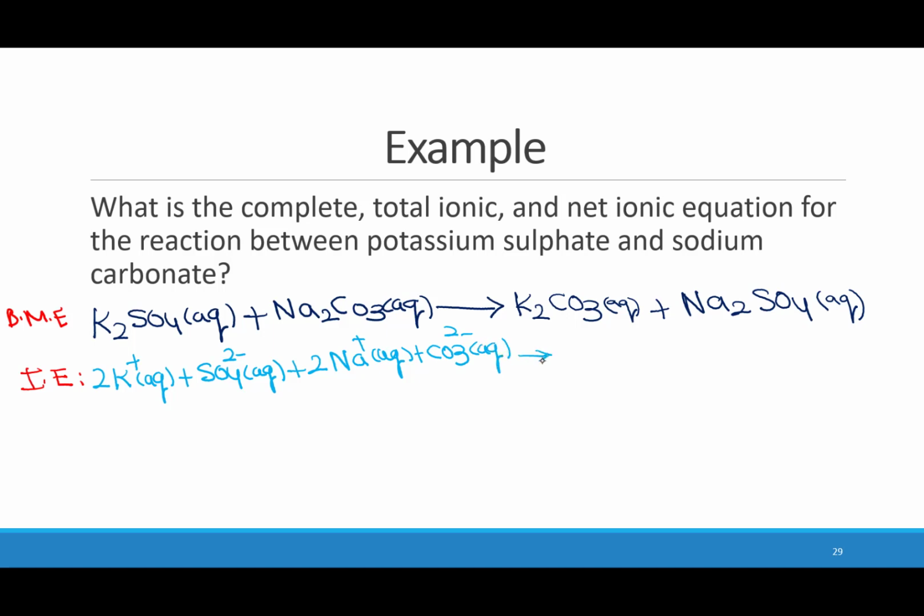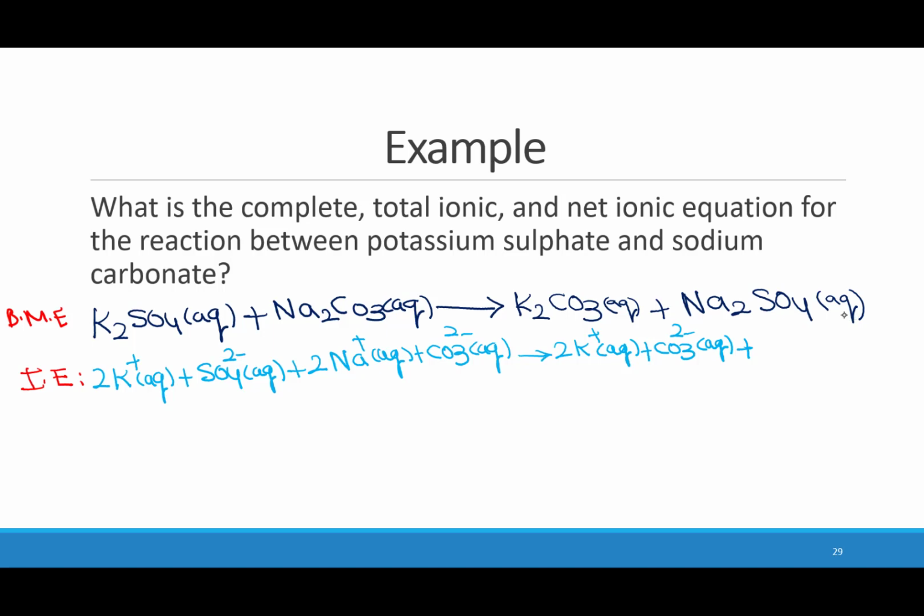Now let's look at the product side. Let's talk about potassium carbonate. It's an ionic compound in aqueous state. The ionic compounds in aqueous state will undergo separation, which produces 2 potassium ion plus carbonate ion. Now let's do sodium sulfate. Again, it's an ionic compound in aqueous state.